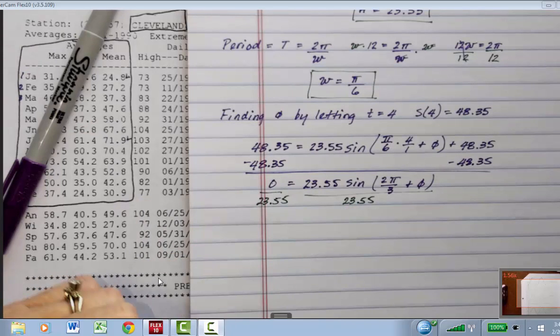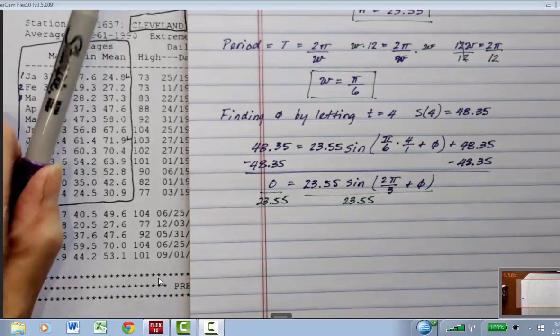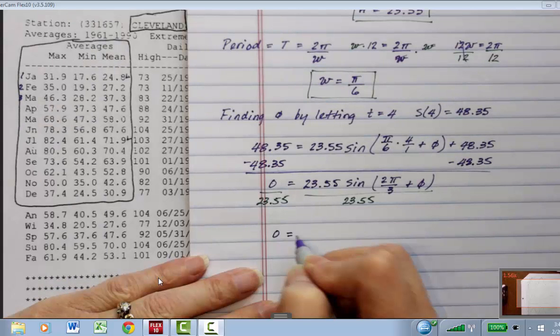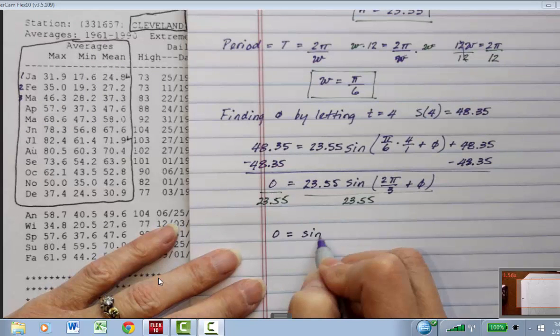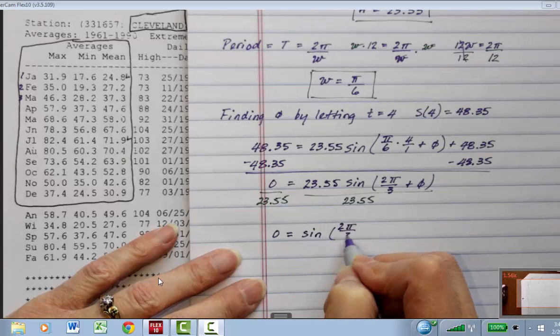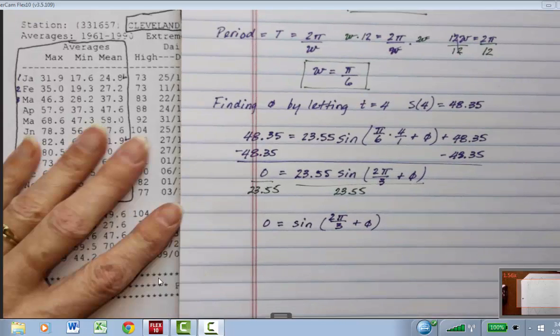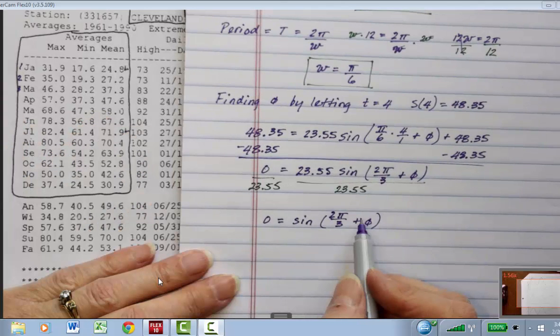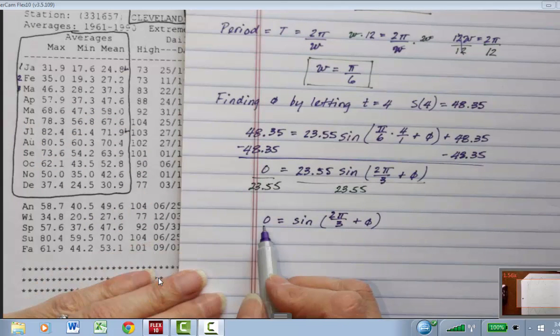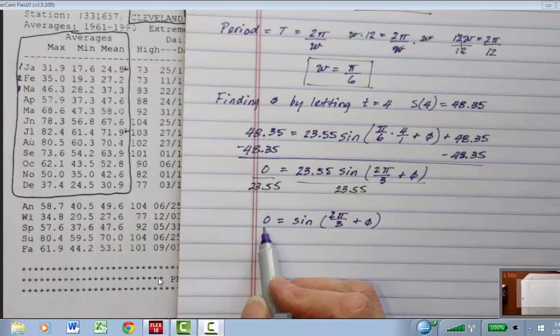And I end up with 0 equals the sine of 2 pi over 3 plus phi. So now my question is, the sine of what angle gives me a value of 0? So where on my unit circle is sine equal to 0? Well, it's equal to 0 at 0 and pi. Well, we're going to use 0. That's the easiest.